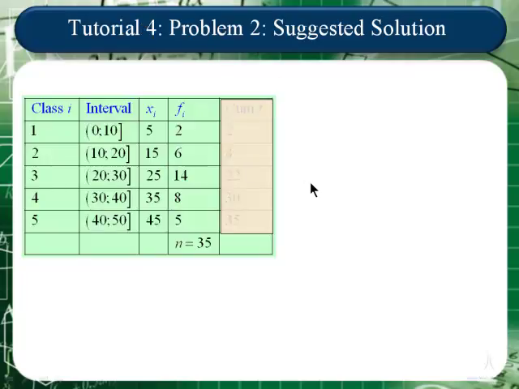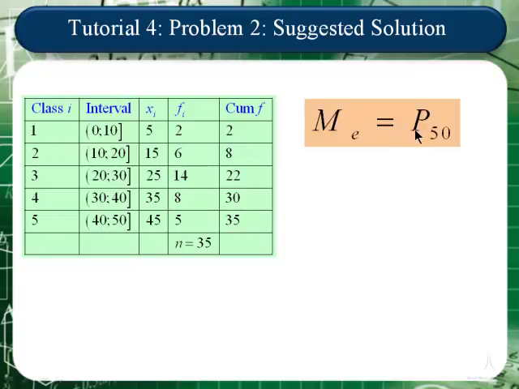In problem 2 of tutorial 4, we have a suggested solution for the questions here. You need to determine the location of the median and the mode. As before, I add a cumulative frequency column here, and the median, we know, is percentile 50. In other words, 50% of the data observations must be less and 50% must be more. Now 50%, or half of 35, is 17.5.